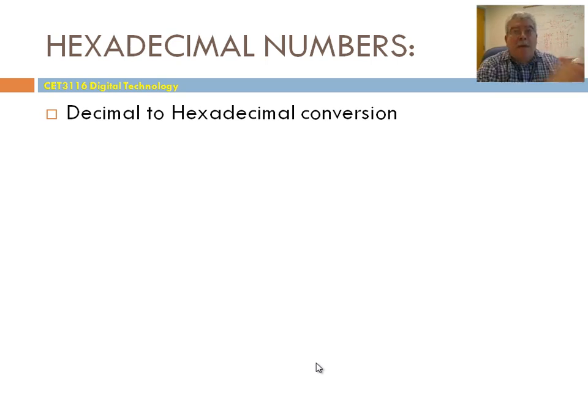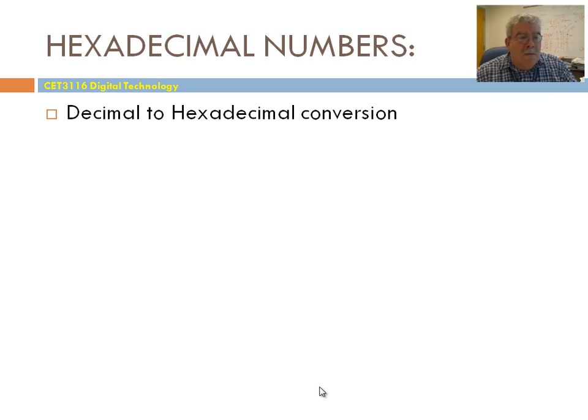In this case, remember, we haven't seen the subtraction method, therefore we will keep working with the successive division. Since we're moving from decimal to hexadecimal, what would be the radix that we want to be using? We're going to be using 16 as the radix.